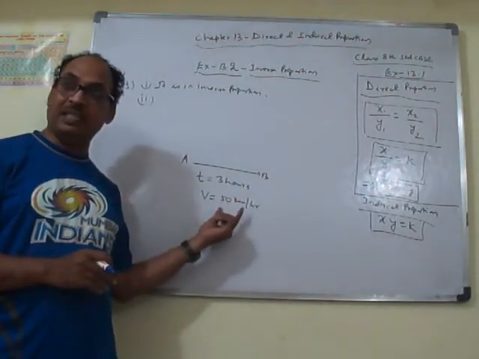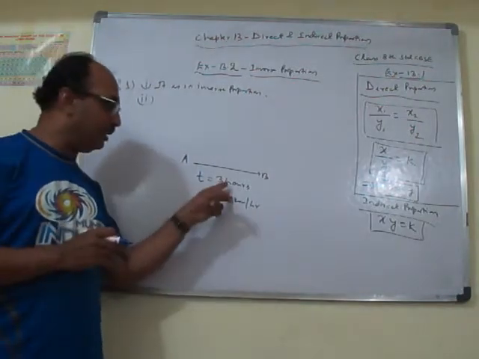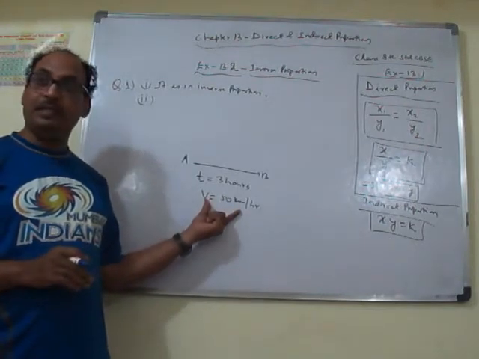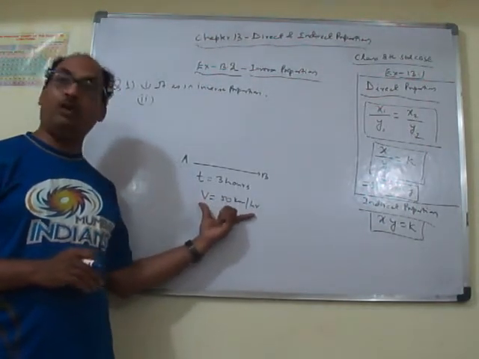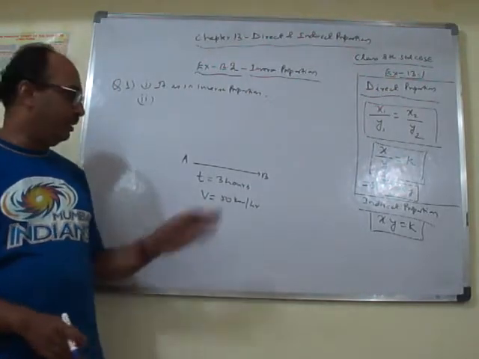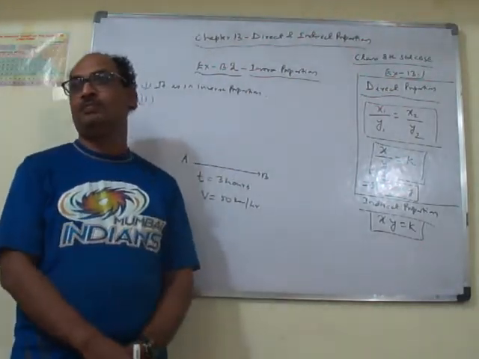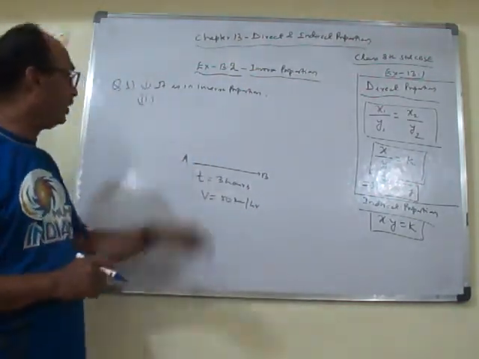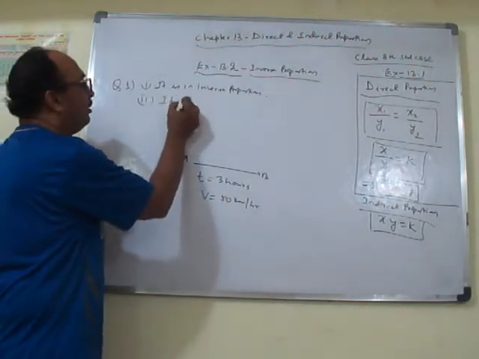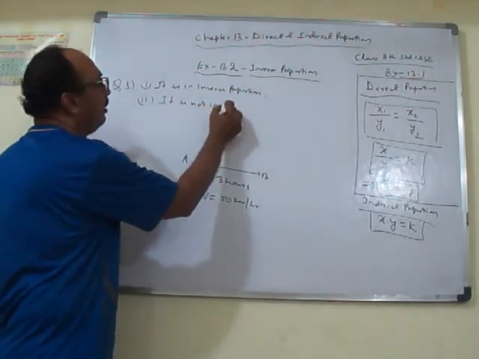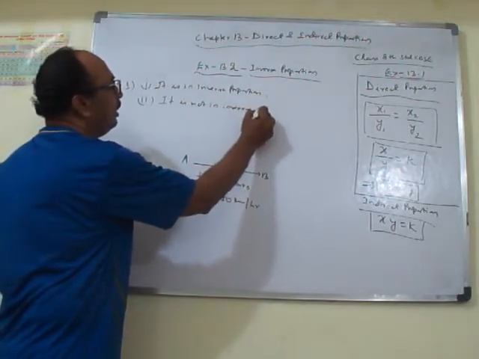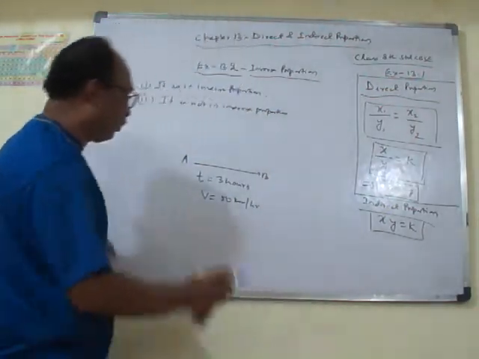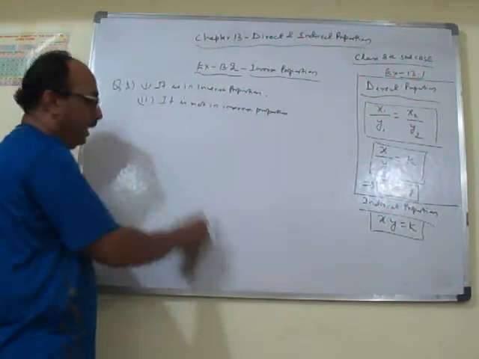If I decrease this speed V equal to 50 km per hour, then this time will get increased. Yes or no? But if we are not increasing or decreasing this particular speed, then this time also is not going to change. It means it is not in inverse relation. So the second situation which is given is not in inverse proportion.